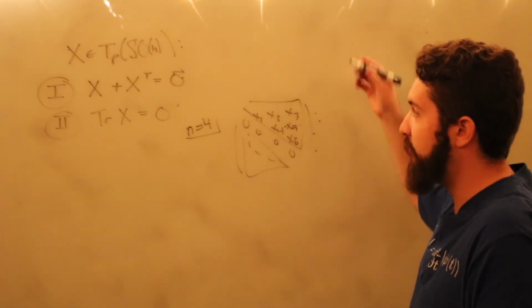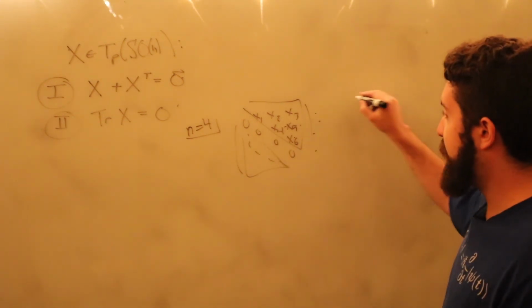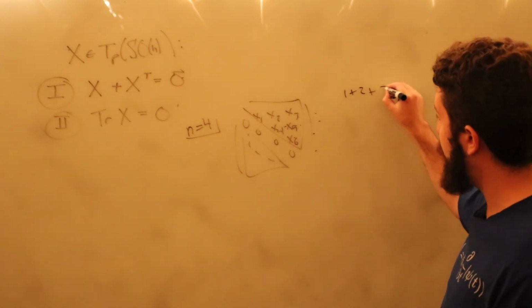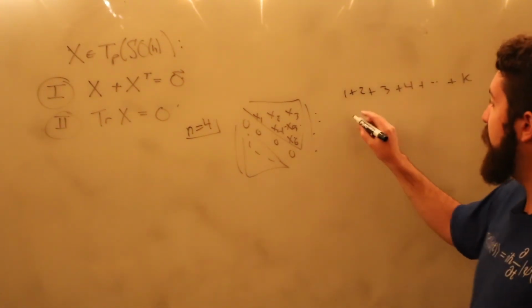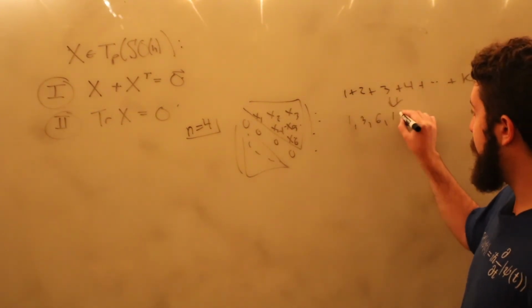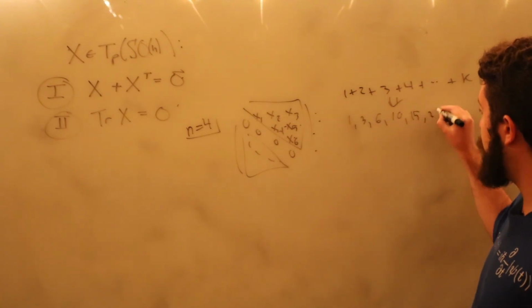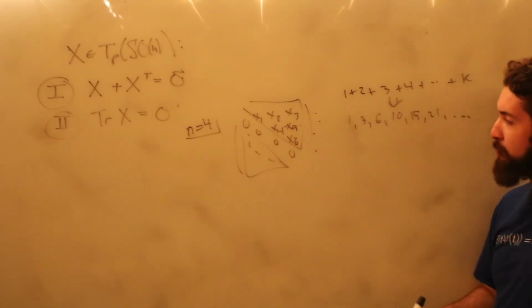So for n in general, this is going to be the nth triangular number. So that is to say it's going to be 1 plus 2 plus 3 plus 4 plus all the way up to like k. And this sequence goes 1, 3, 6, 10, 15, 21, etc. Right? These are the triangular numbers.